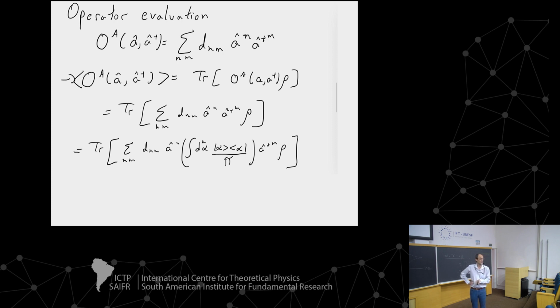Let's see if it's useful to evaluate any operator that we want. So you can take any operator O of alpha and of A and A dagger, put it in the anti-normal ordering, with this weighting factor.